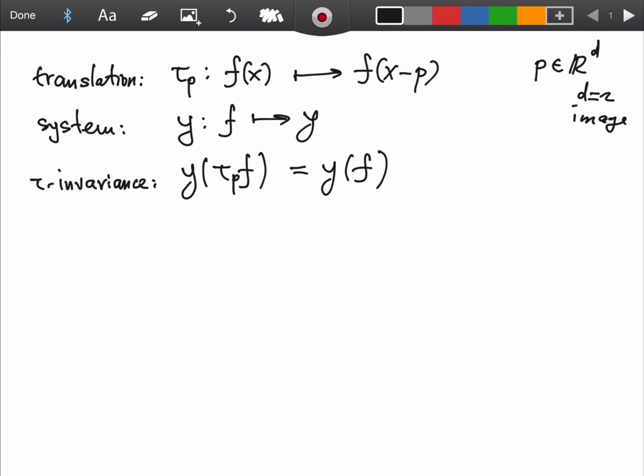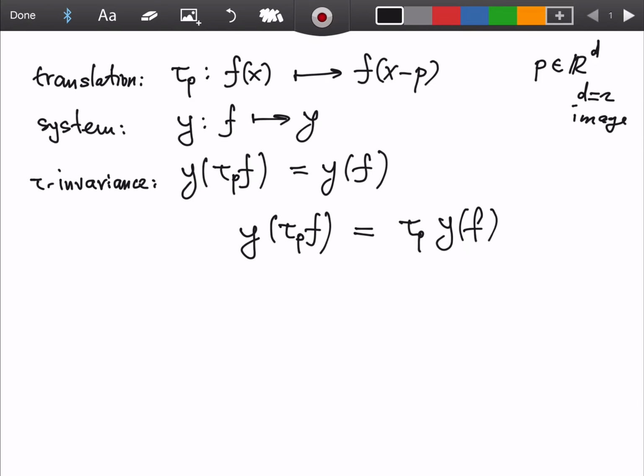Now, if on the other hand, and of course now I will make an assumption on the output of the system, I'm assuming that the output is also another signal on the same domain. Let's say now I shift the input, and the output will be essentially equal to first applying the system to the input f and then shifting the output.